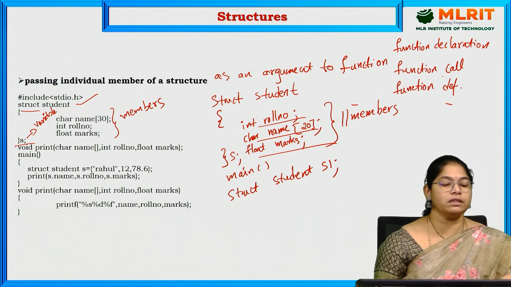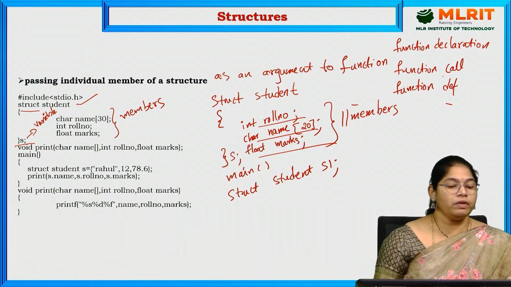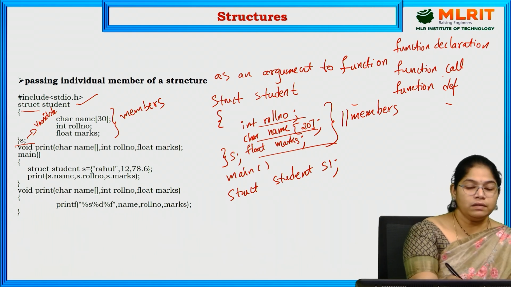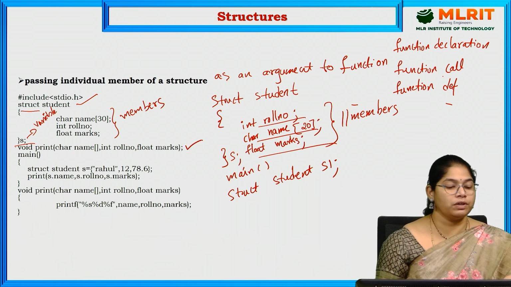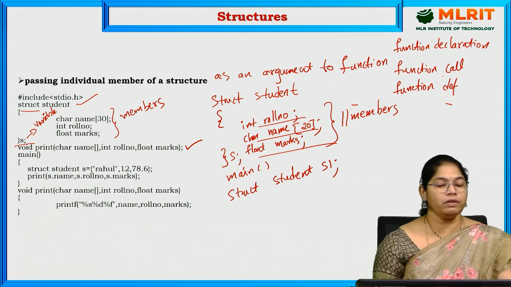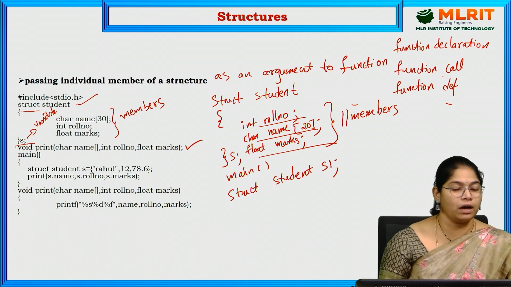Generally, we declare the function above the main so that it becomes a global declaration. So anywhere we can use that function. So here I declared the function. Function declaration syntax is return type, function name. But here we are passing members of the structure as an argument. The members of the structure are roll number, marks, and a name.